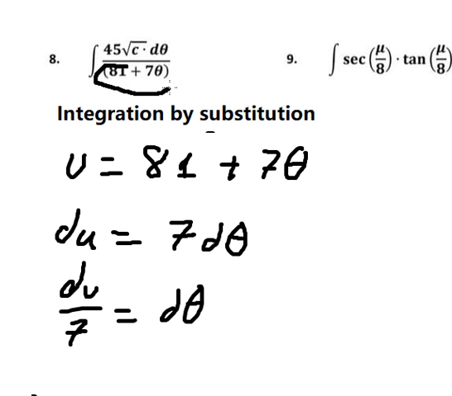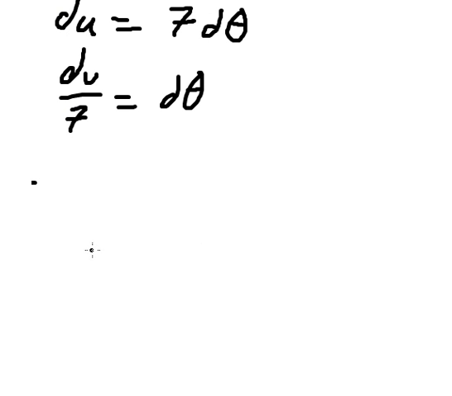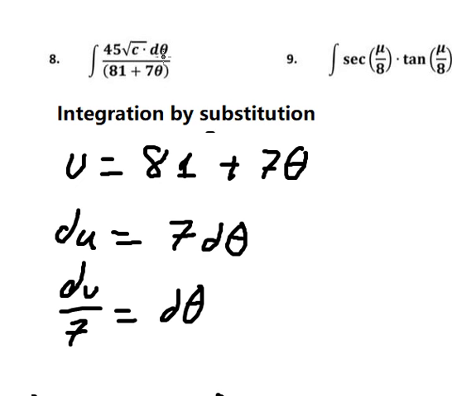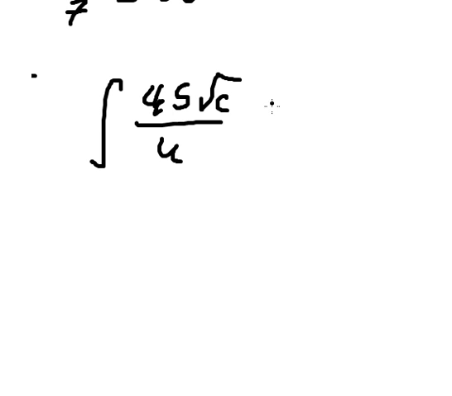Now this one we change by u. d theta we change by du over number 7. So 45 with the square root of c over 7 we put outside.